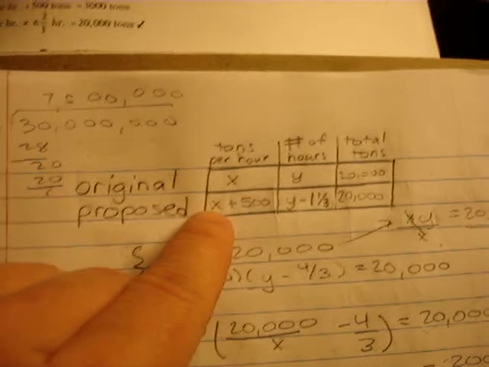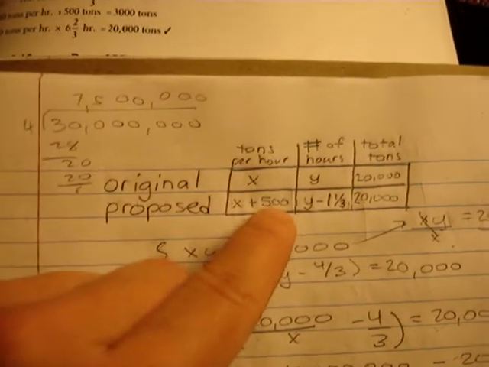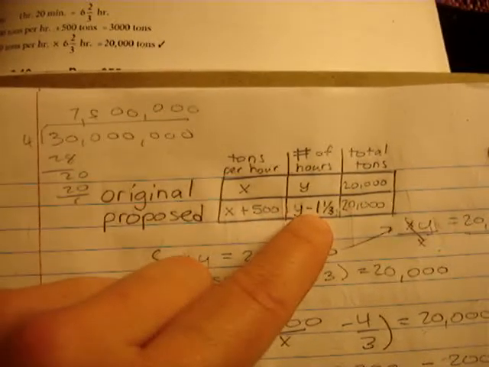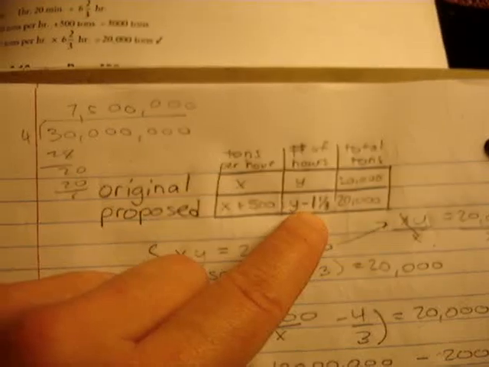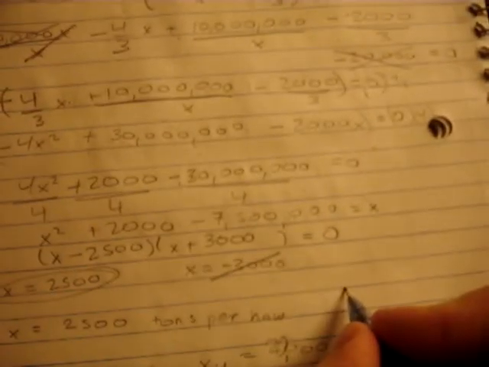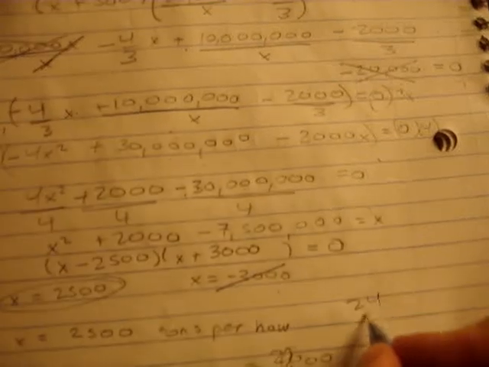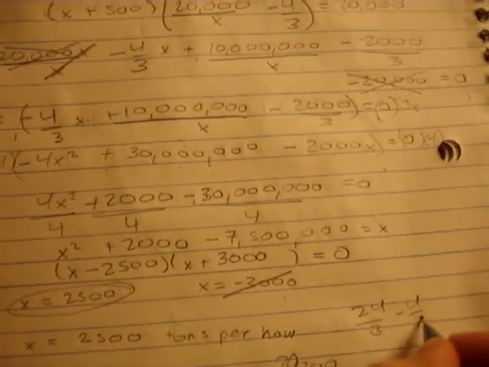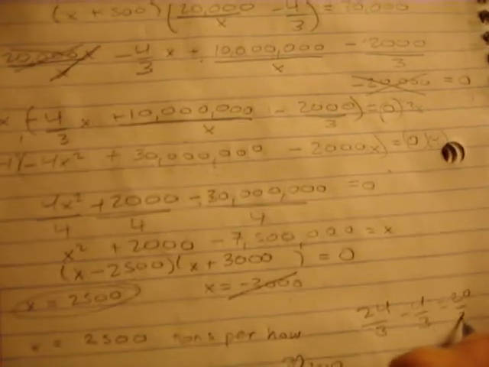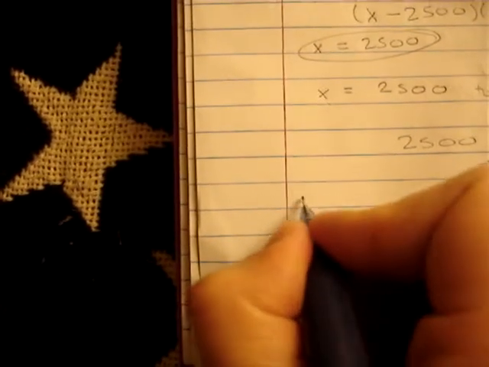And if you want to check your proposed, you just say 2,500 plus 500, that's 3,000. And my time minus 4/3, 8 minus 4/3, that's like saying 24/3 minus 4/3, that just equals 20/3. So 20/3 would be your new time. And what was my new speed?